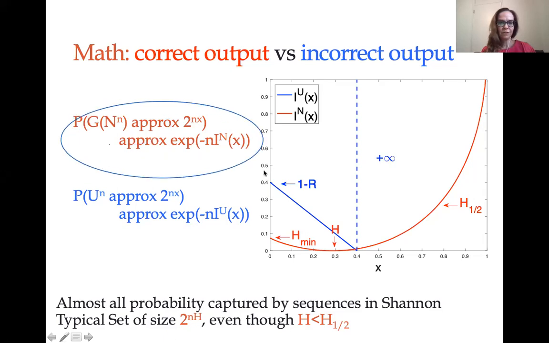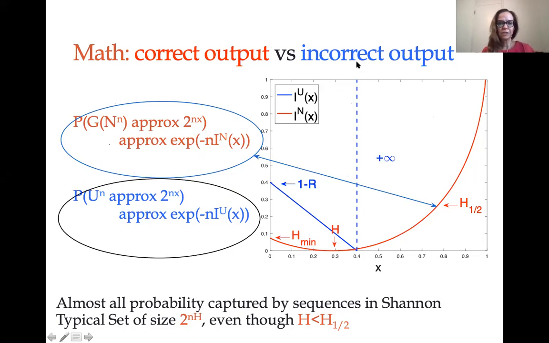This behavior here is what's showing how many guesses it's going to take me to get the noise. So this one corresponds to this curve, and this one is corresponding to this curve.